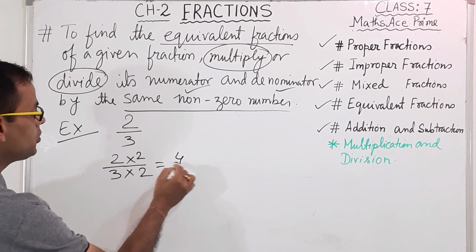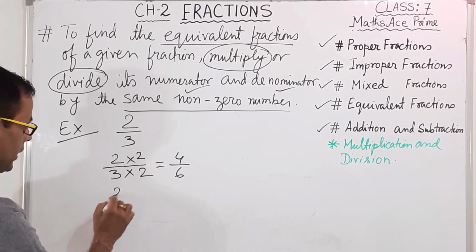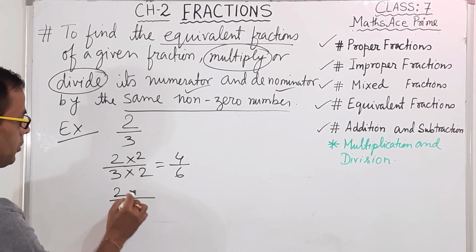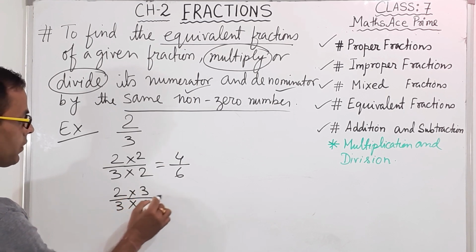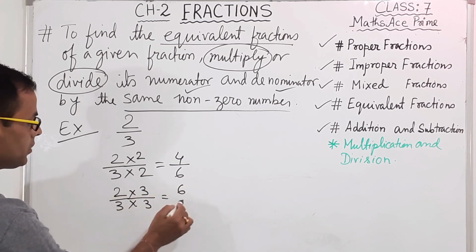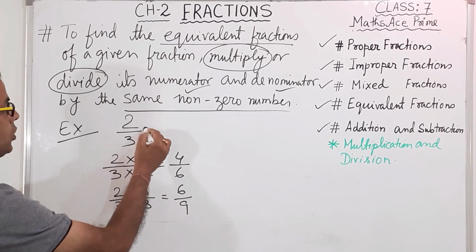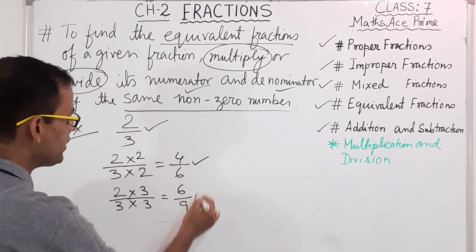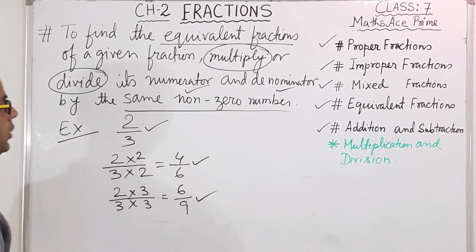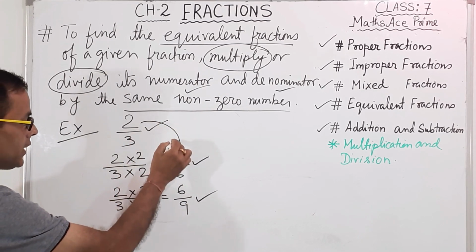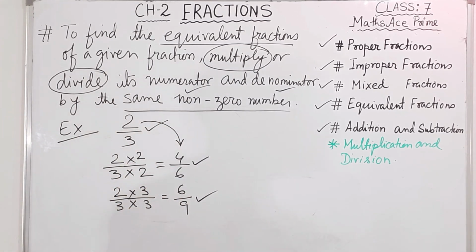So it will become 4 by 6. And another one I can do: I will multiply with 3 again. So it will become 6 by 9. So 2 by 3, 4 by 6, 6 by 9. That means 2 by 3's equivalents are 4 by 6 and 6 by 9.